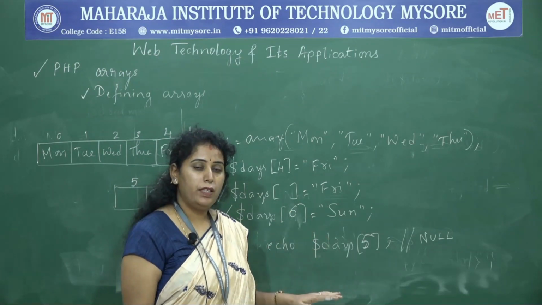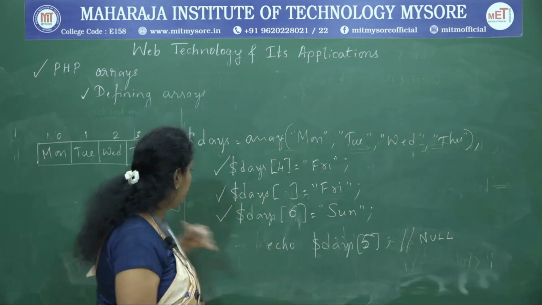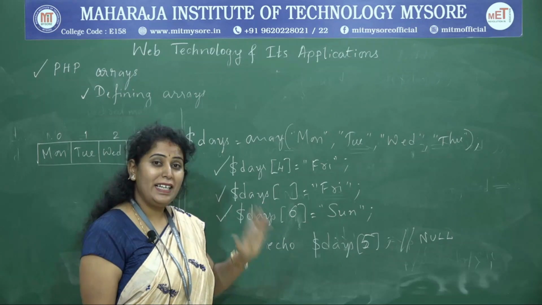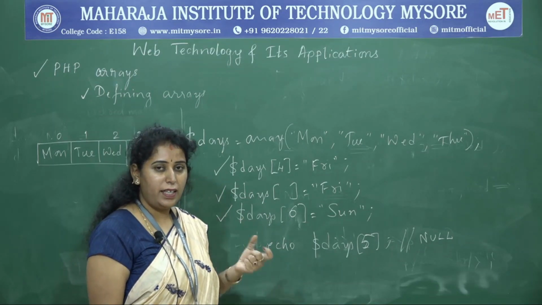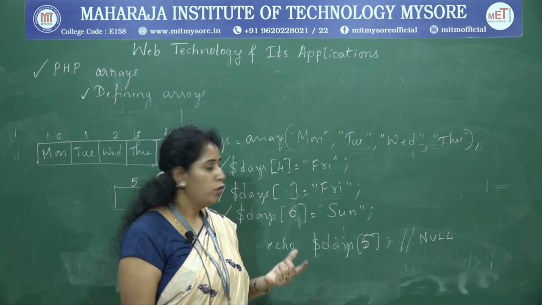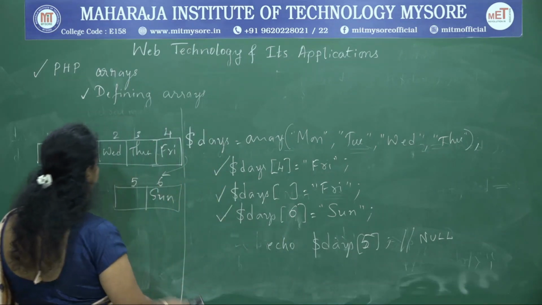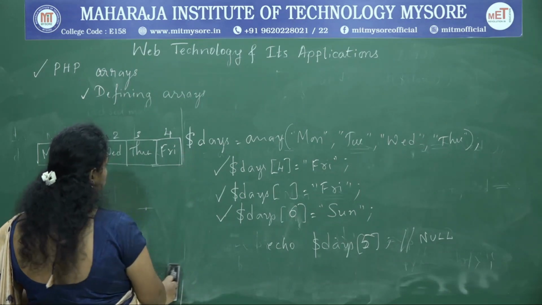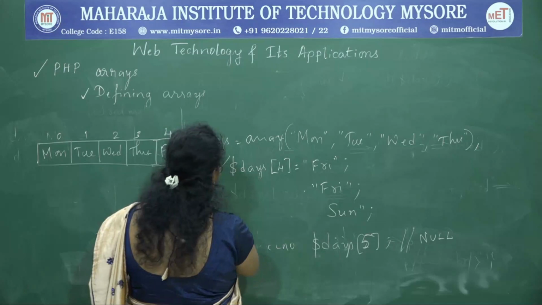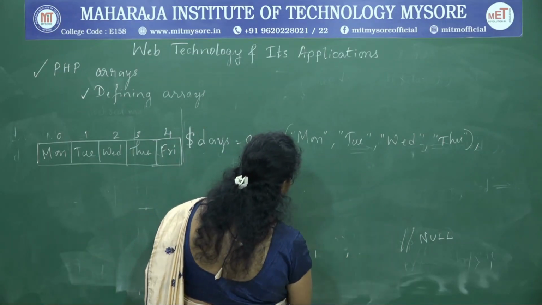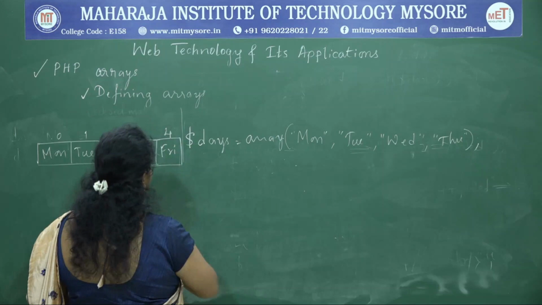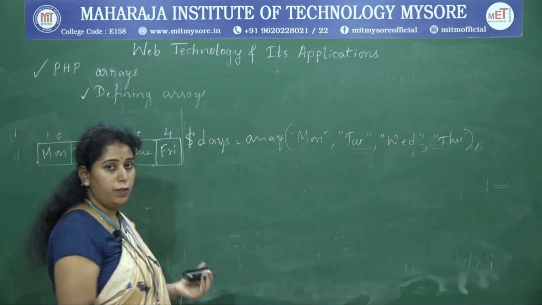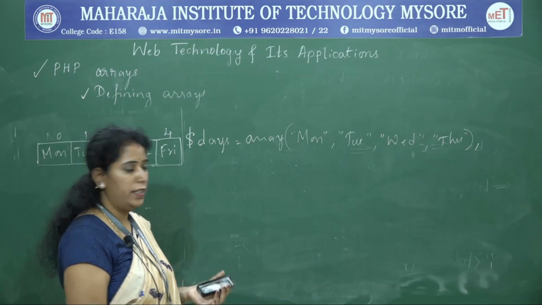Next, let us try another possibility, that is deletion. By deleting an array element, let us create a gap. How does it work? Let me take this array only. In order to delete an element from an array, we have to make use of unset.